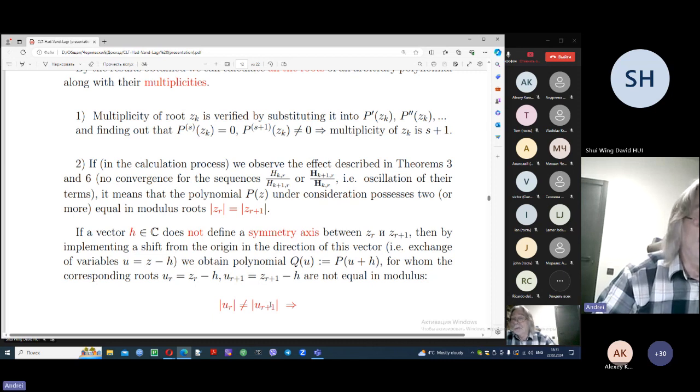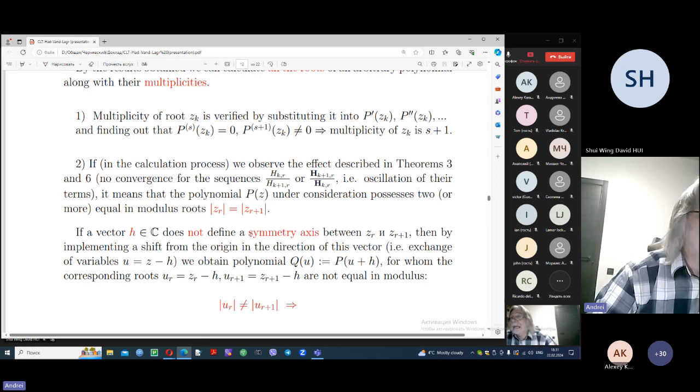So, I'm again repeating. We can always find out which roots are equal in modulus, simply by considering these sequences and observing them as oscillating. Then we change the variable.